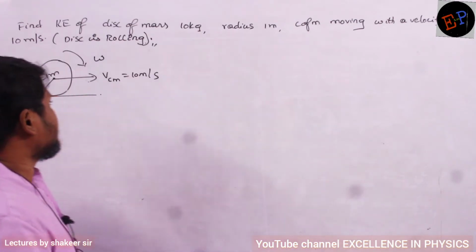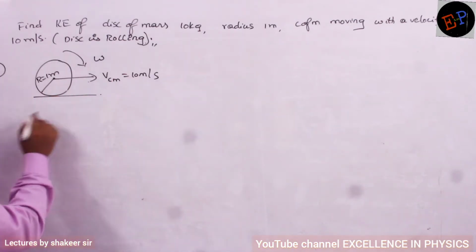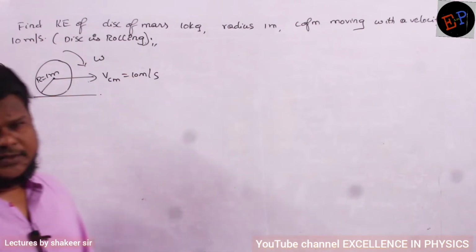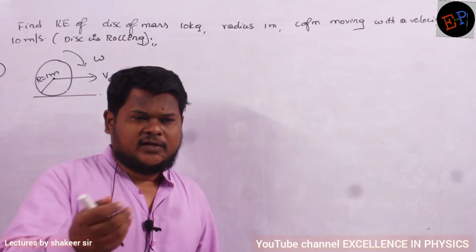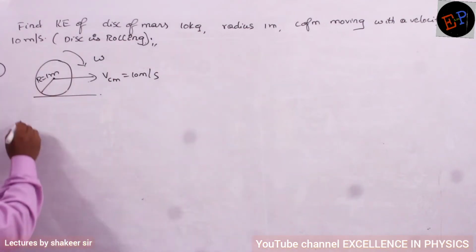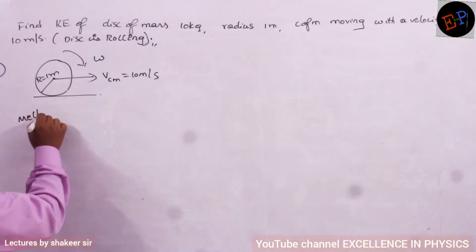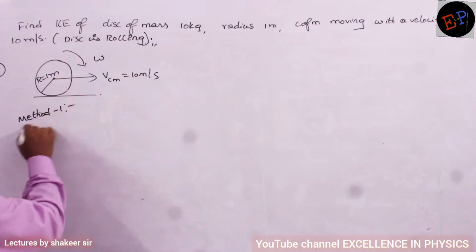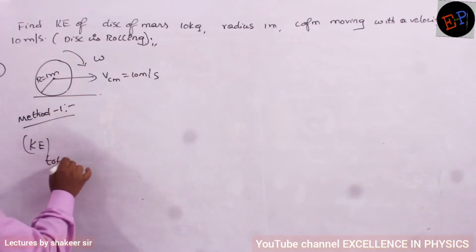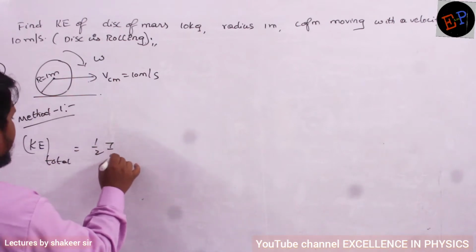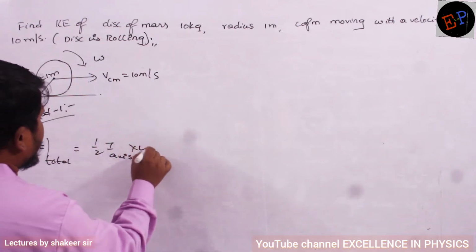First of all, I will try to calculate the kinetic energy by both methods. We studied two methods of calculating kinetic energy, we will use both of them. Method number one: total kinetic energy is half I axis multiplied by omega square.